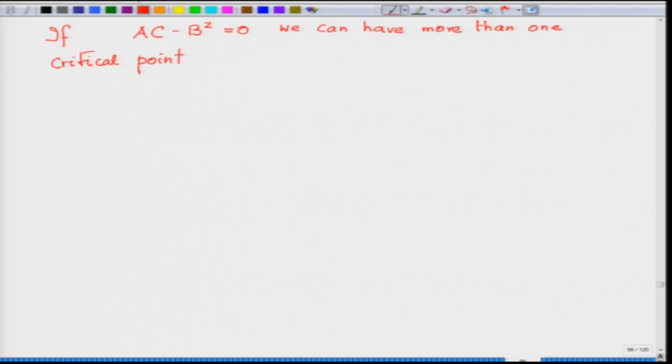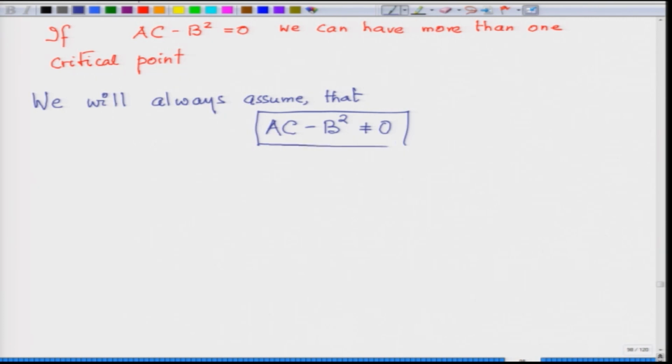Here it will be global minima. So, we will always assume that AC minus B square is not equal to 0, this is a holy grail, this is what we have to assume as we go along. So, 0 0 is a unique critical point.